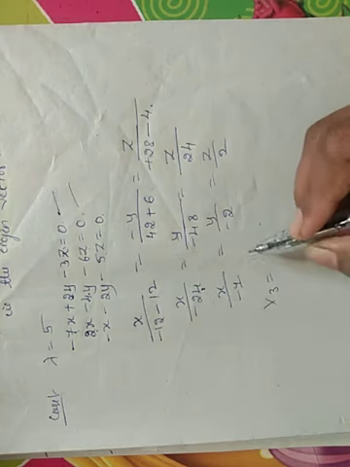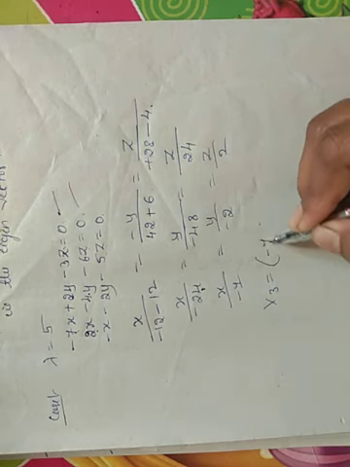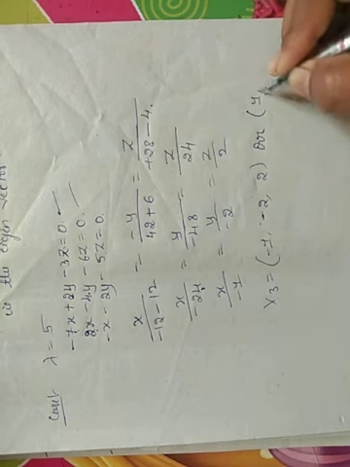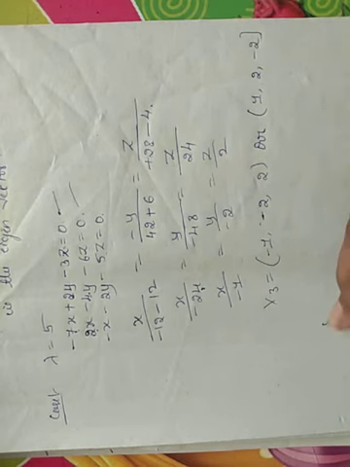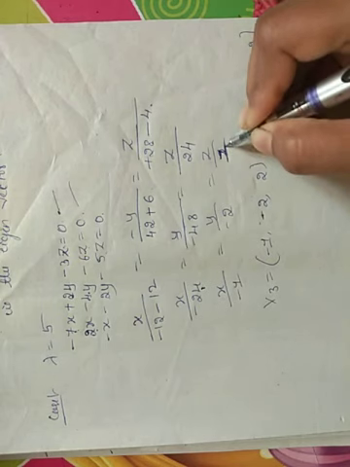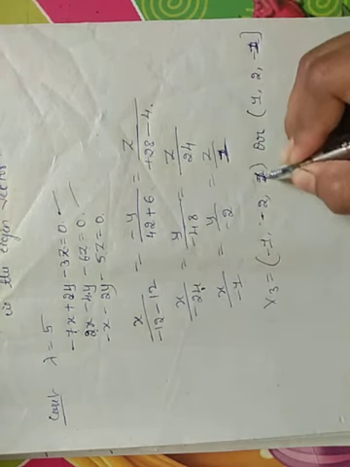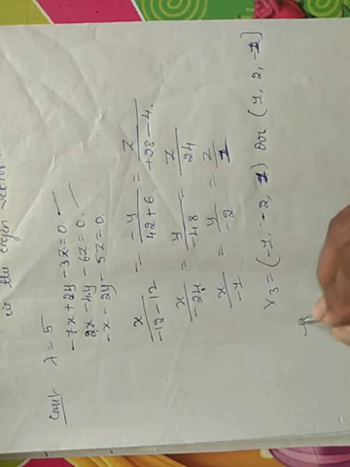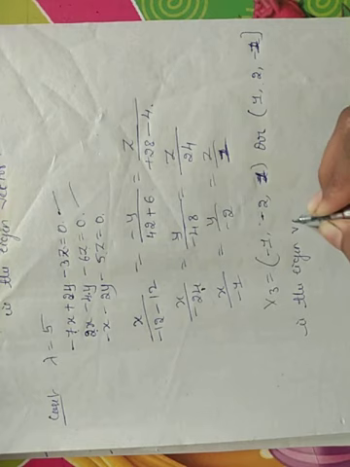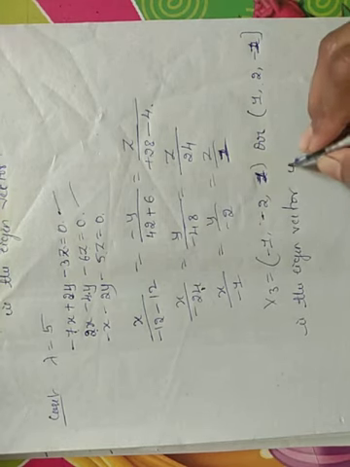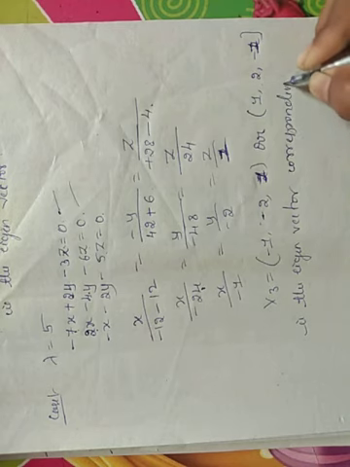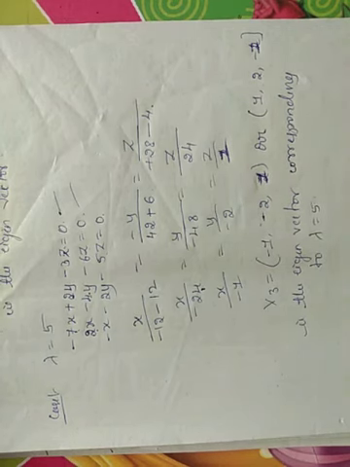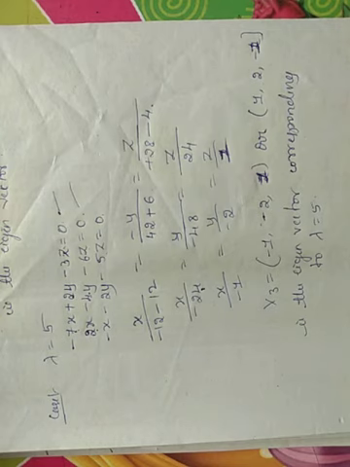So for the root lambda = 5, the eigenvector is -1, -2, 1, or also we can write it as 1, 2, -1, which is the eigenvector corresponding to lambda = 5.